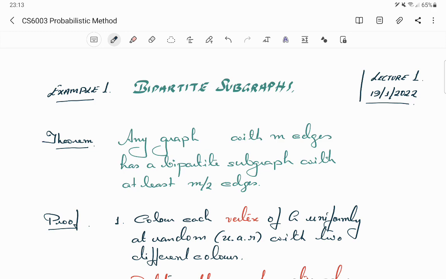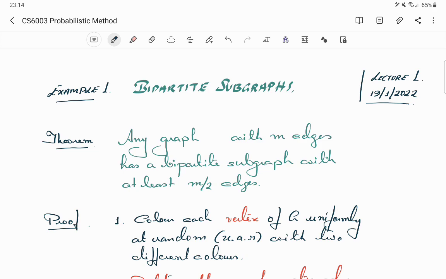We want as large a subgraph as possible, where large is quantified in terms of number of edges. The theorem states that if the given graph has m edges, then you can always find a bipartite subgraph with at least m over 2 edges.